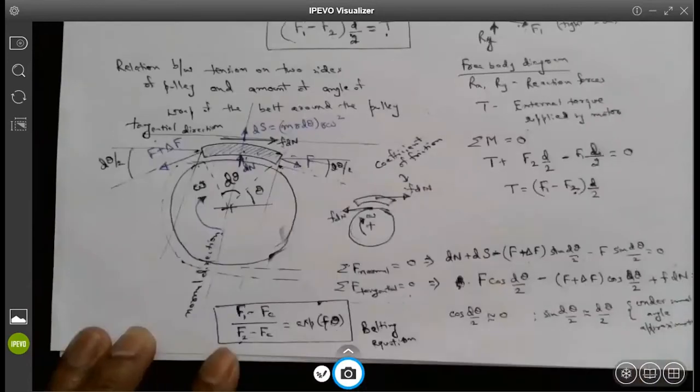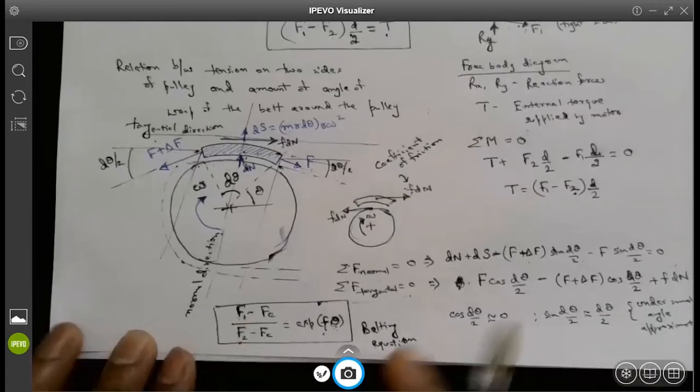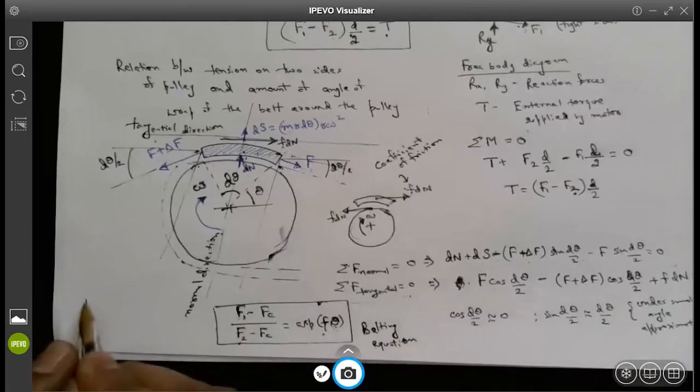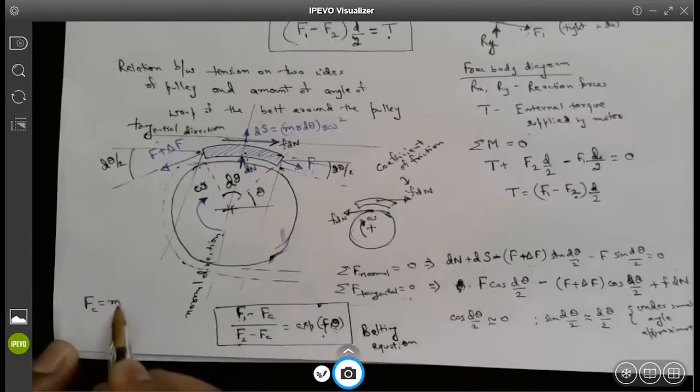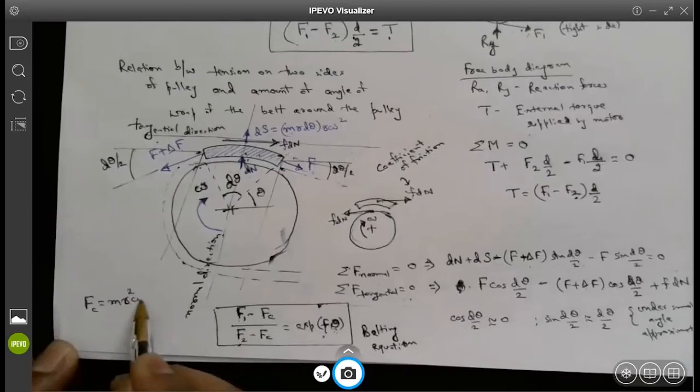We actually saw in the PowerPoint slide that you can find the angle of wrap for a given geometry. You can determine the coefficient of friction depending on the belt material. The tight side tension and the loose side tension are given by F1 and F2, denoted by these two symbols, and Fc is a centrifugal force, given by m, mass per unit length, times r squared times omega squared.